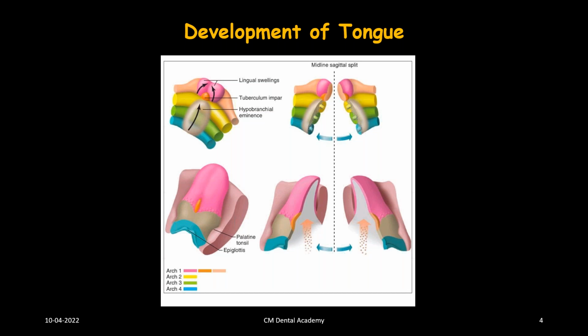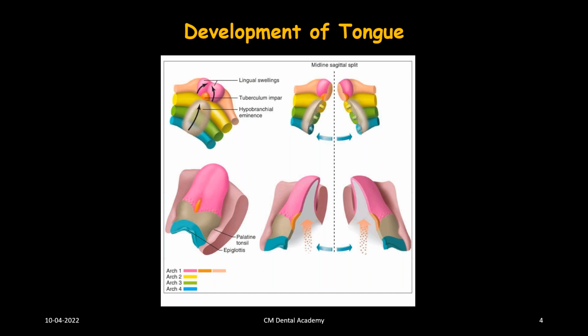Further, the root of the tongue arises from the large midline swelling, which is developed from the mesenchyme of the second, third, and fourth arches. I hope you can appreciate the second, third, and fourth pharyngeal arches.